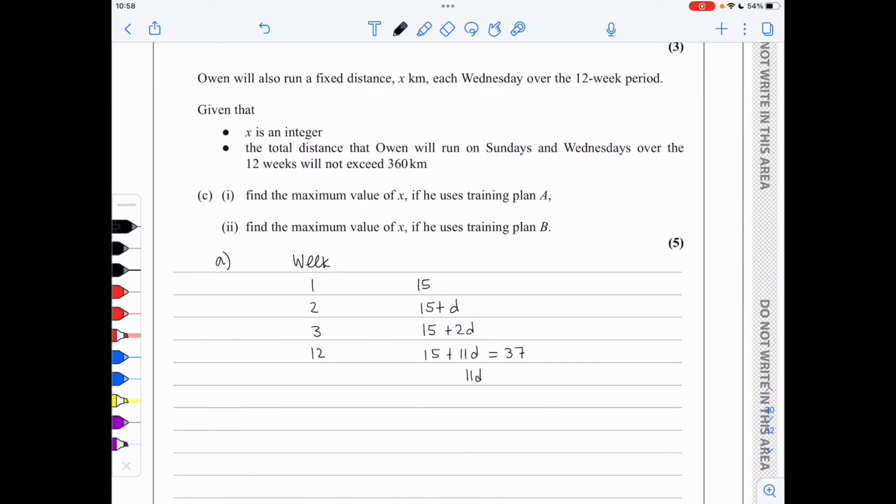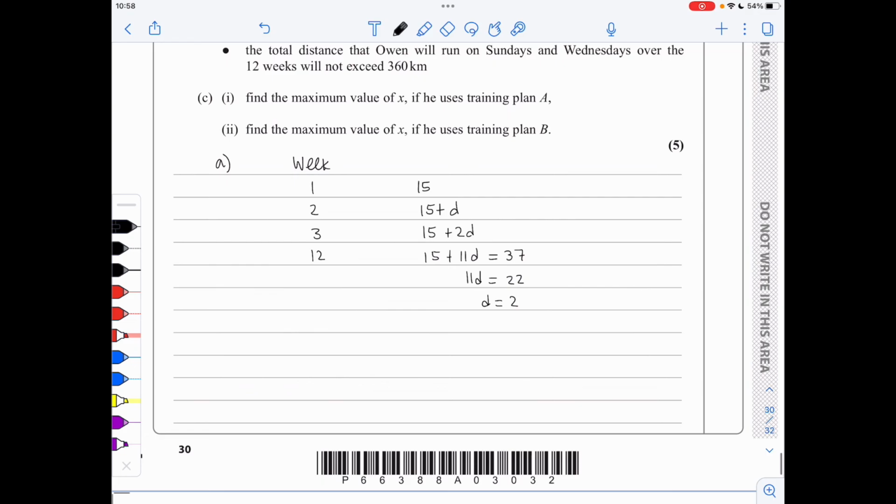So 11D is 22, which means that D is 2. So if we follow this pattern, week 5 will be 15 plus 4D. So it's 15 plus 4 times 2, which is equal to 23.